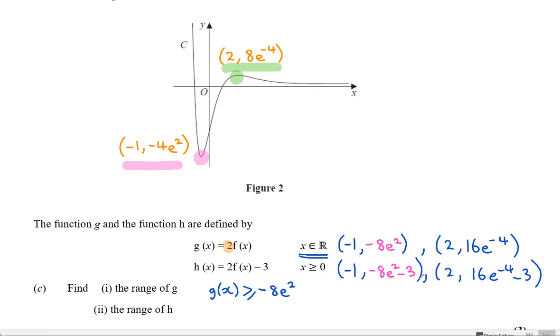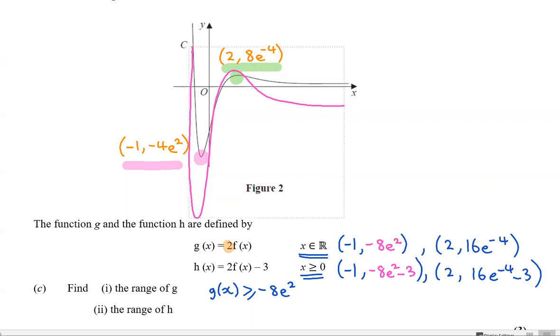Now, how do I write down the range? Is it basically going to be the same thing? Well, no, because we have a domain restriction here. Okay, so imagine I double my y values. So I'm going to try and do that again. Something like this. Okay, but now because of the vertical translation, I have to drop these down by 3.